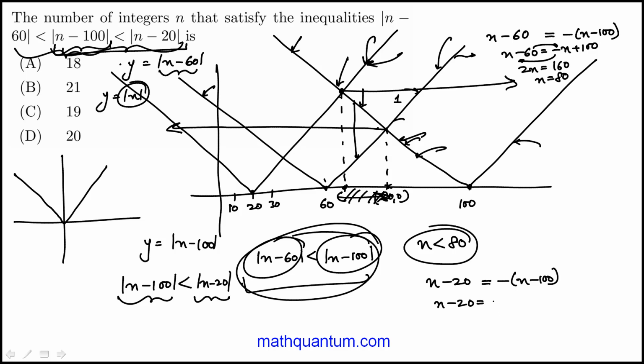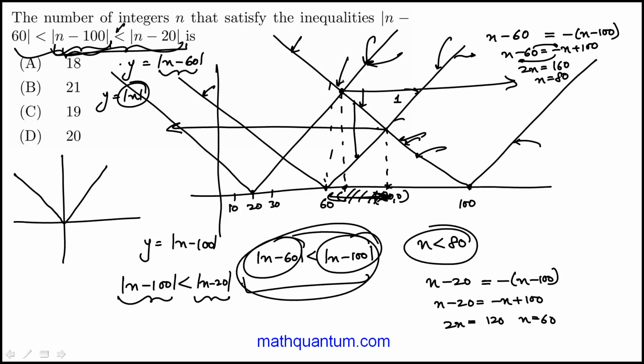And again, this solution will give me the n value. So n is 60. So actually this point corresponds to here. So all the points between 60 and 80 would satisfy that, because remember, this is less than, it's not equal.